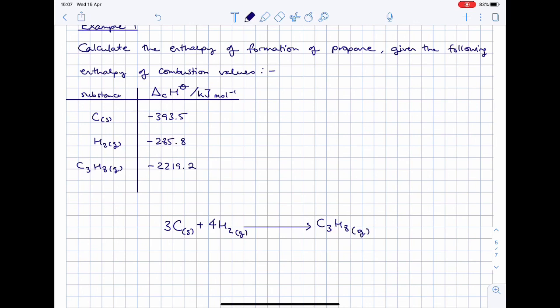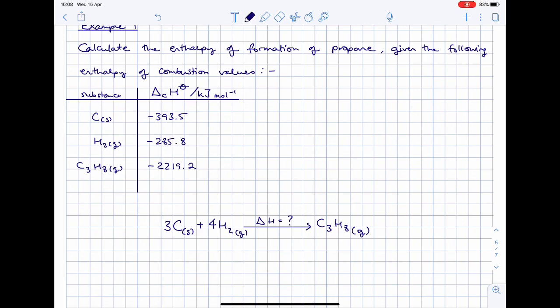Propane is a gas. So that's the enthalpy change we want to work out. We don't know what this value is. Okay, and we can put R here for reaction. In this case, we can even put F for formation, because this equation represents the enthalpy of formation of propane. But I'm just going to leave it as delta H.